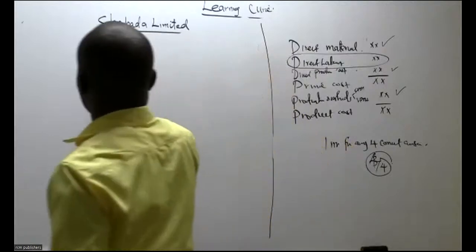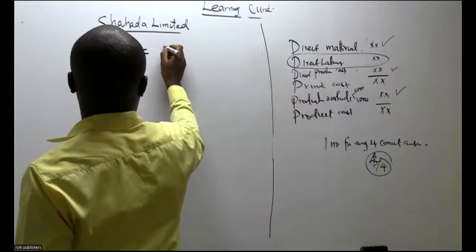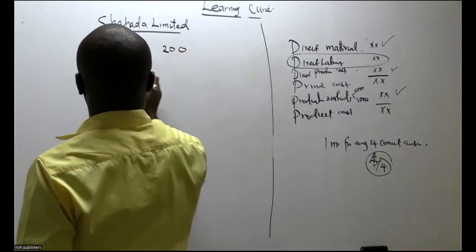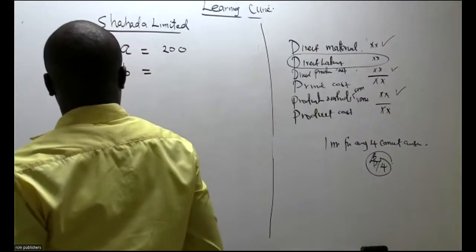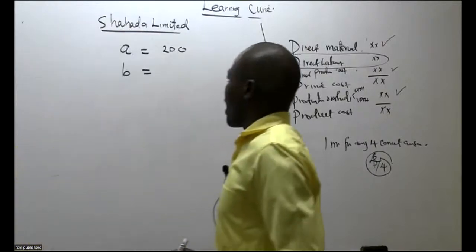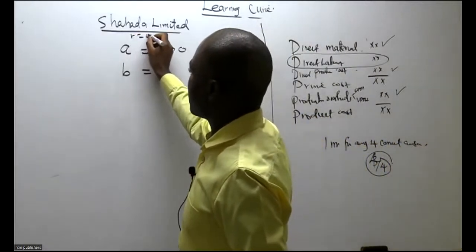Now, we've already known that A is equal to 200. B, we've been able to get the value of B, which is equal to log R divided by log 2. We have R somewhere as 0.9.